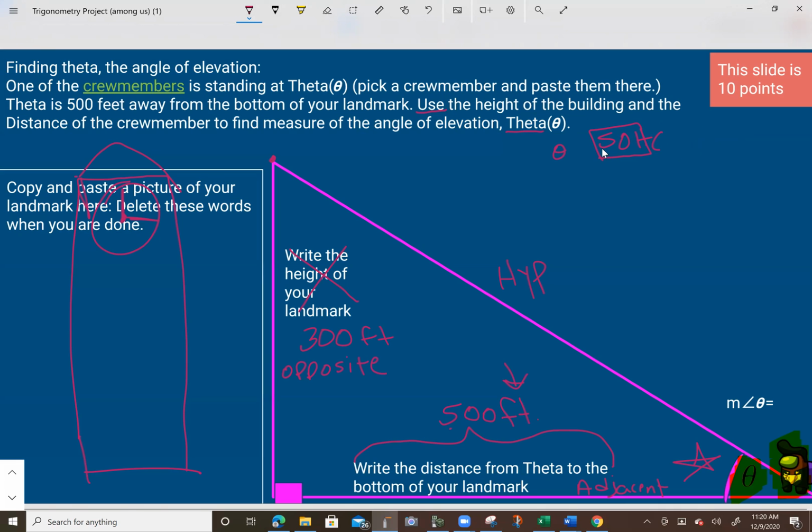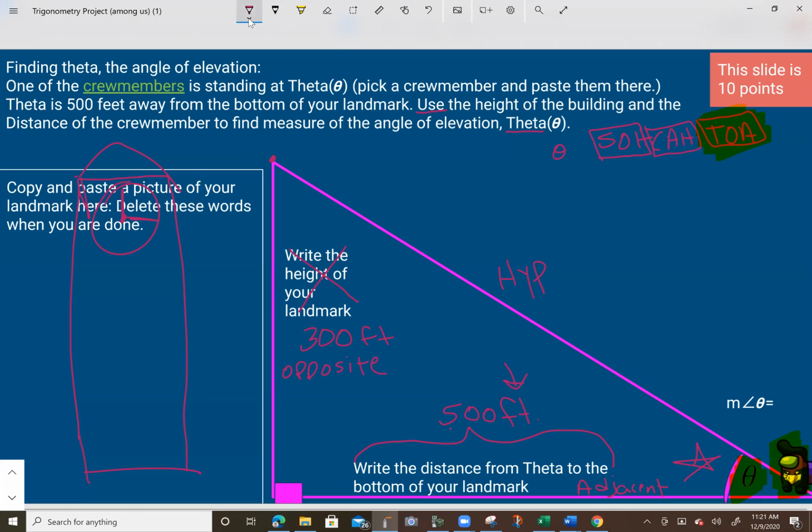The cosine is the adjacent over the hypotenuse, so CAH, and then tangent is the opposite over the adjacent, TOA, so SOH CAH TOA. And since I'm using the opposite and the adjacent in this triangle, we're going to use the tangent function, or the tangent ratio, to solve for our angle.